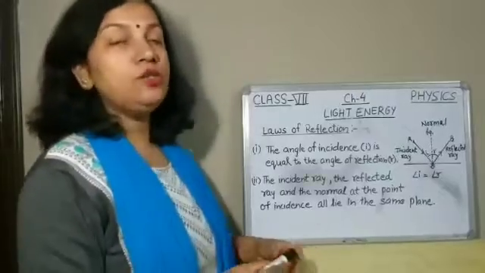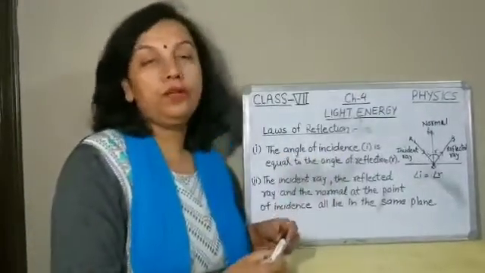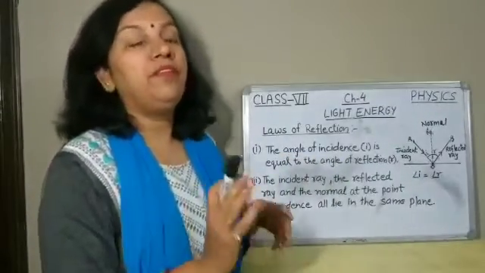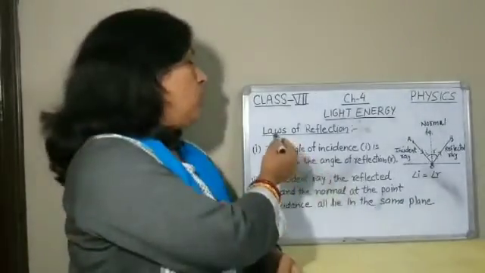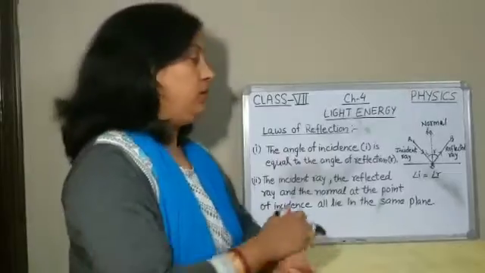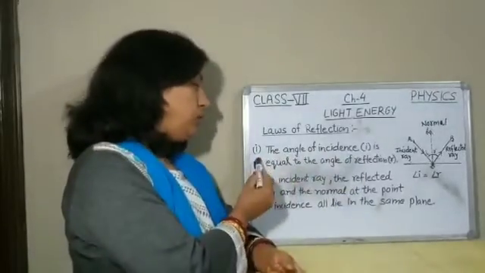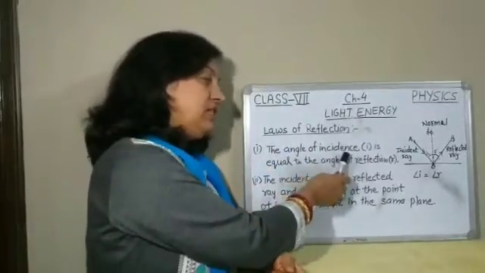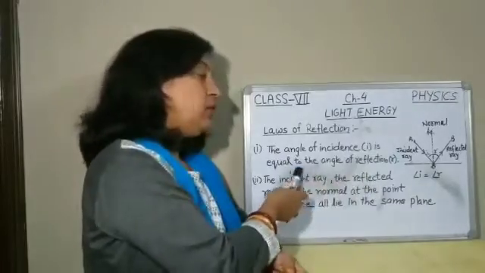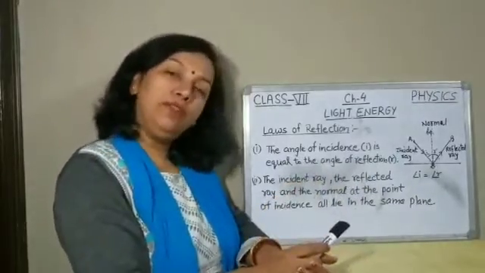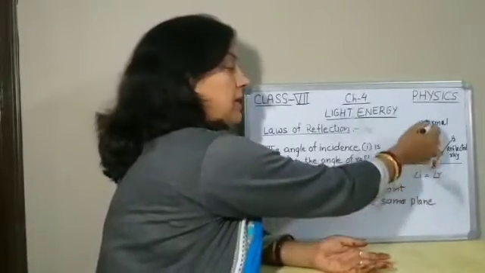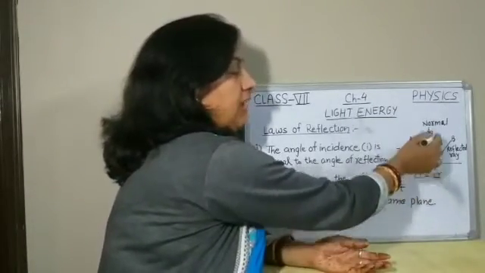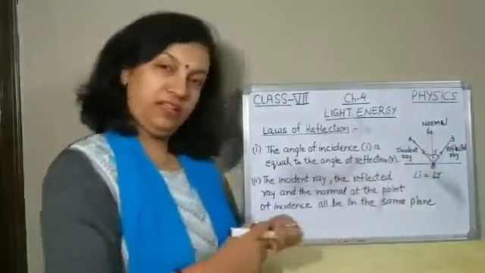Now our next topic is laws of reflection. The reflecting surfaces obey two rules. Those are called laws of reflection. What are those? First one is the angle of incidence is equal to the angle of reflection. Just now we have read about the angle of incidence and angle of reflection.